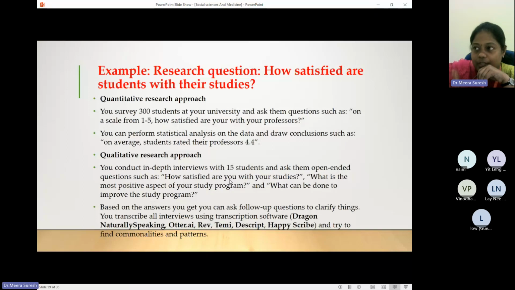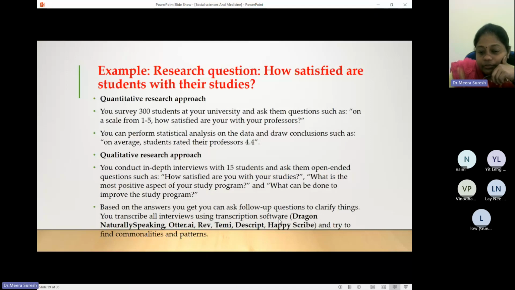So they have to give you some words. Am I satisfied or not? If I'm not satisfied, why? And if I'm satisfied, then why? So you're going to get some words, some paragraphs. You can ask what is the most positive aspect of your study program? What can be done to improve the study program? So you understand the question pattern for the same research question.